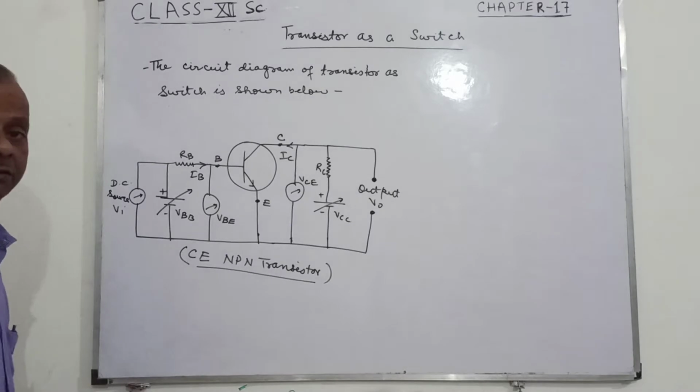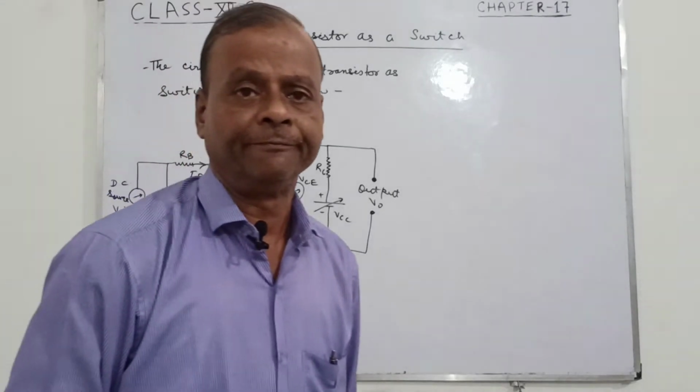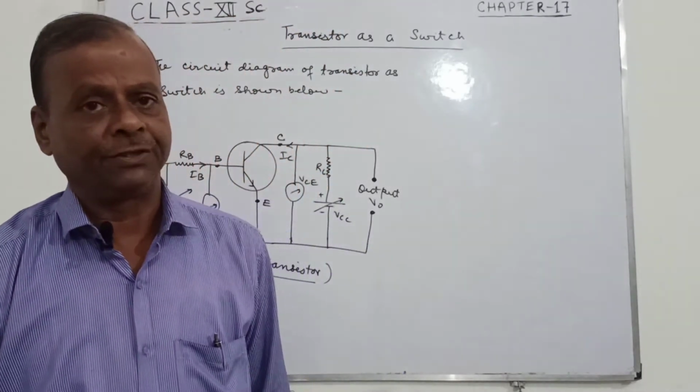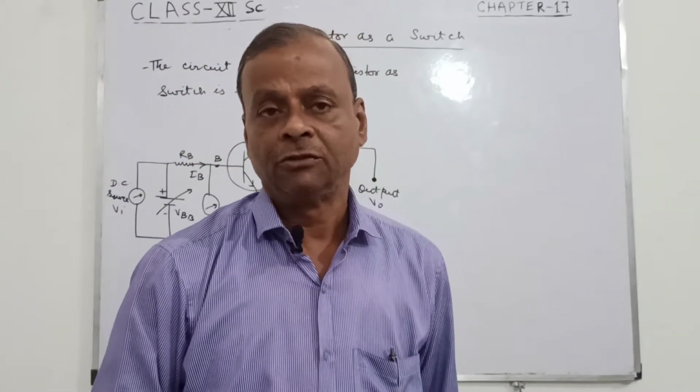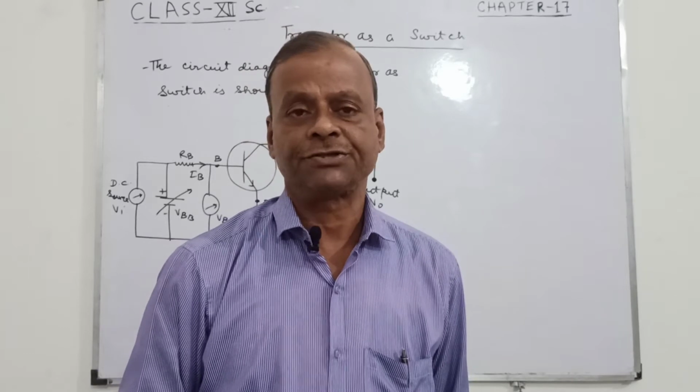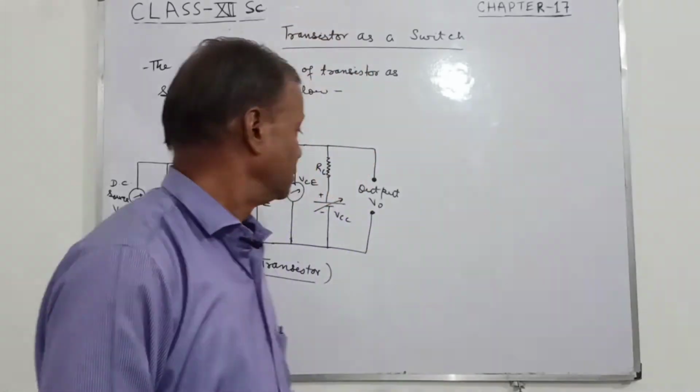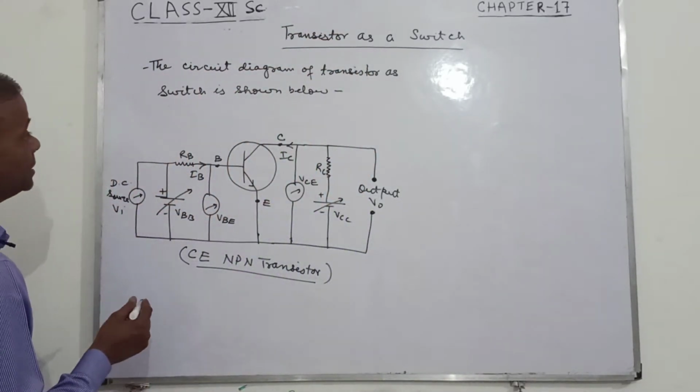And yesterday I told you about the amplifier. The transistor operates as the amplifier when it is working in the active state. So it has three regions.